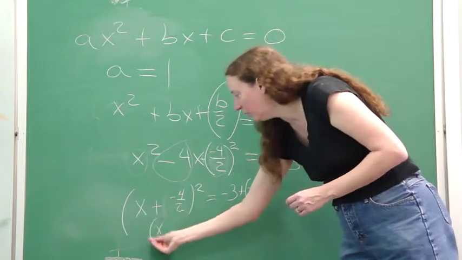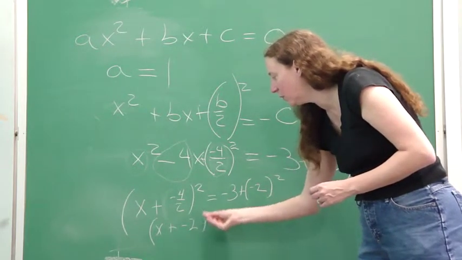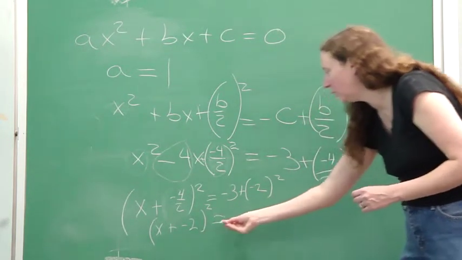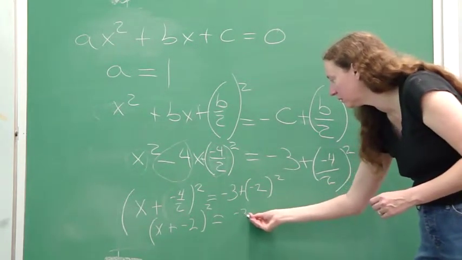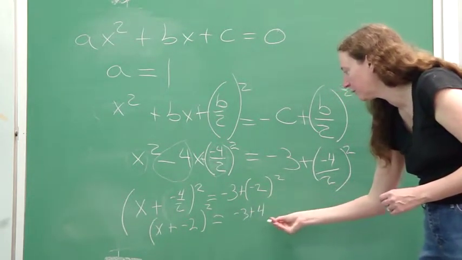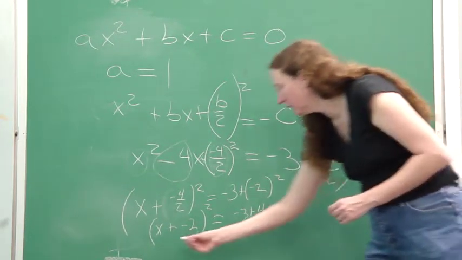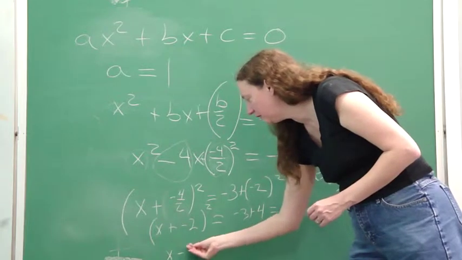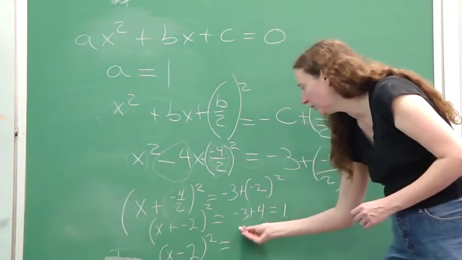So it's open parentheses x plus negative 2 quantity squared equals negative 3 plus 4, which is positive 1. I have x minus 2 squared equals 1.